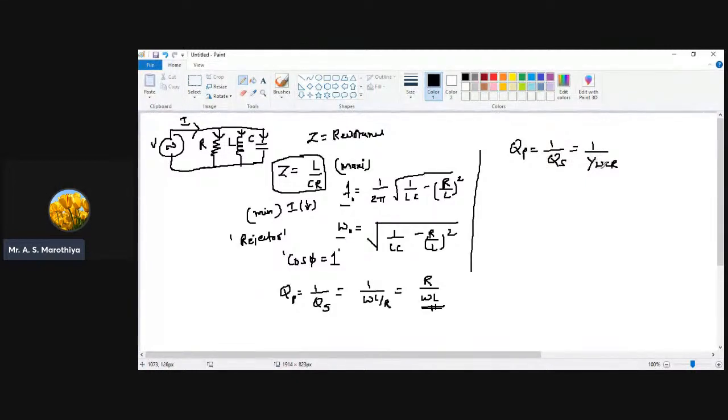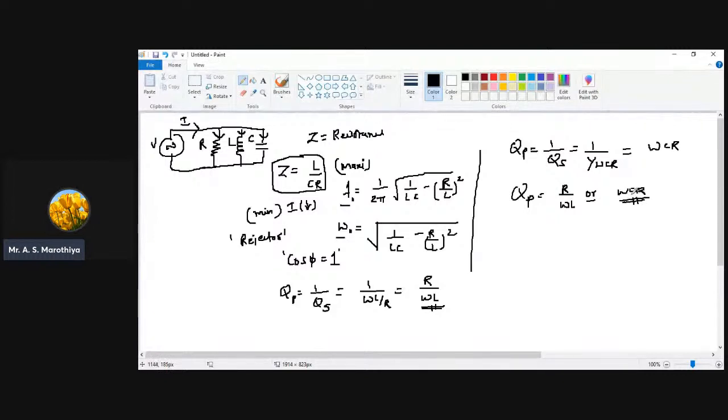So in parallel it is going to be the inverse, which is omega CR. So this you have to remember. That means in case of parallel resonance circuit, the expression for quality factor is R divided by omega L, which is the inverse of the quality factor in case of series resonance circuit, or we can write it as omega CR. This is very important: omega into C into R. This you have to remember.